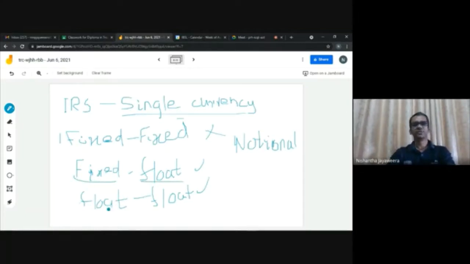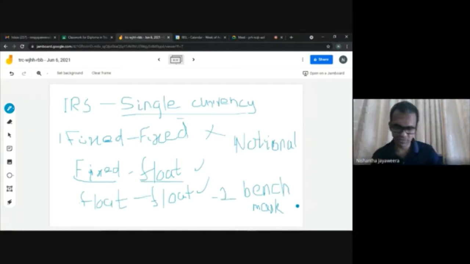Or both parties agree to pay floating rates, but with two different benchmarks. One can be LIBOR, one can be Treasury bill rate, or overnight repo rate, or something like that.